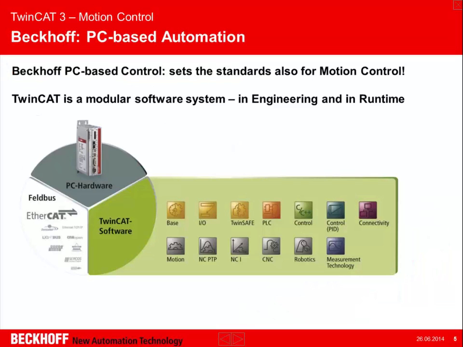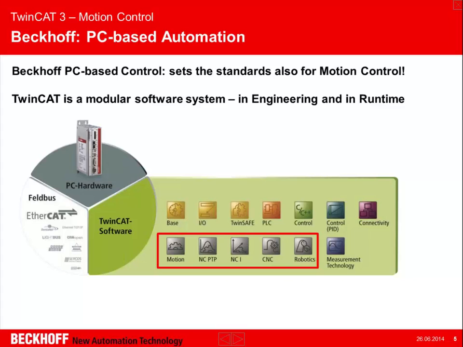So first of all, the motivation. We have been doing motion control in the TwinCAT environment for many years, and we see this as a standard in our environment, and especially in our modular software system. The motion control part has a lot of different blocks, as you see at the bottom.